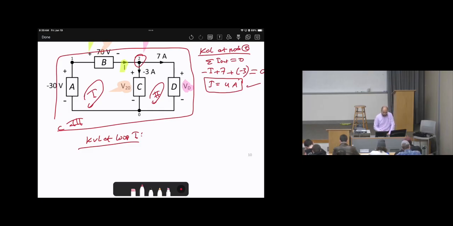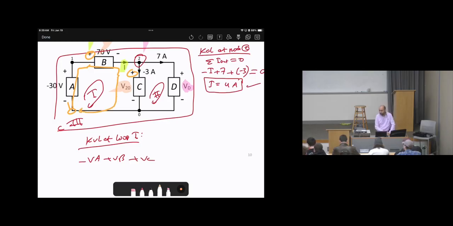According to our procedure, start from the left bottom corner, then go clockwise. So start from this corner, then we hit a negative sign, so we write negative VA. Then keep going, positive sign, then plus VB, then keep going, positive sign, so it will be plus VC. Then I'm done.